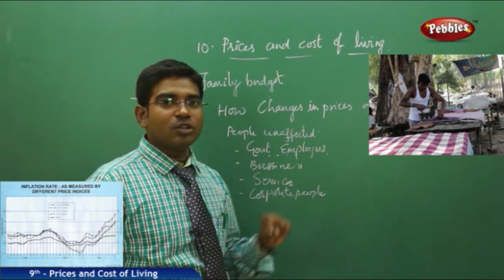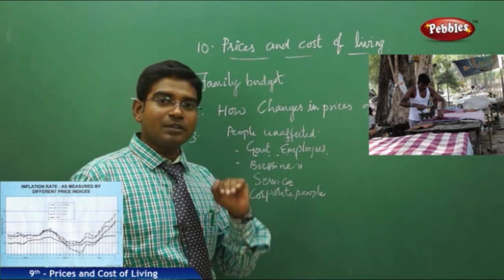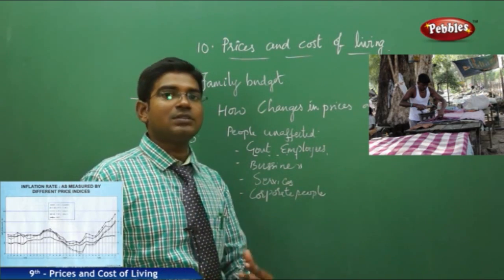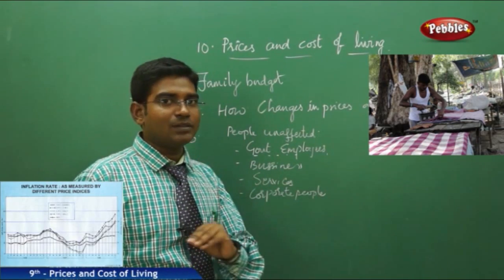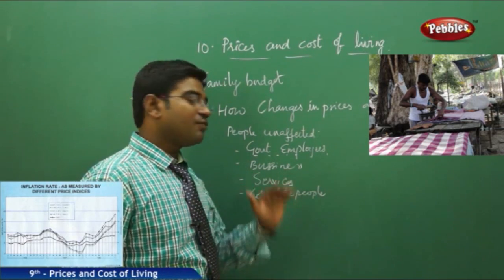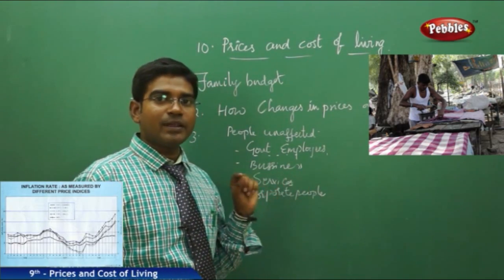The government employees benefit because the government itself pays them the dearness allowance according to their fixed criteria or grades, and pays it directly into their salaries.